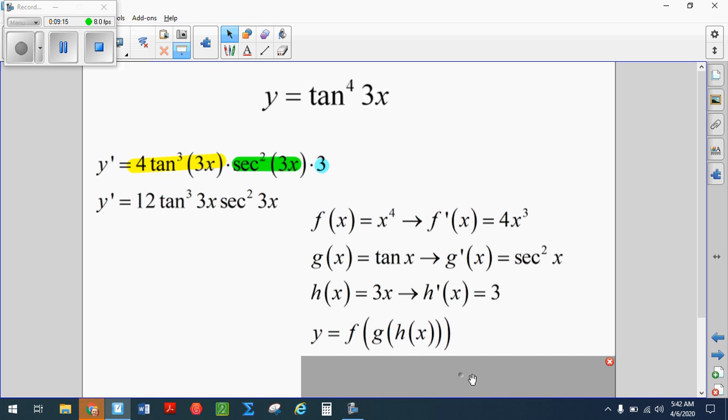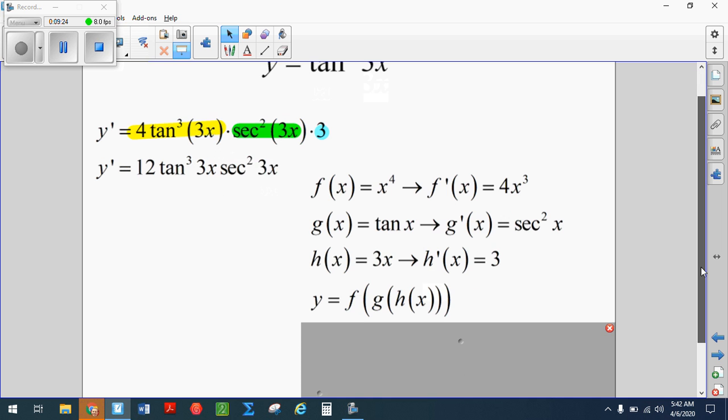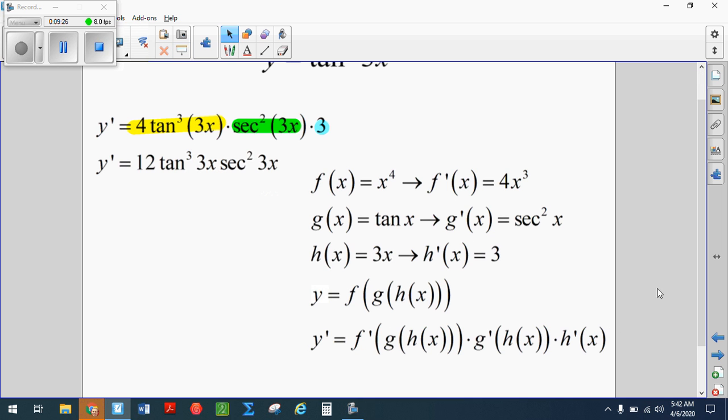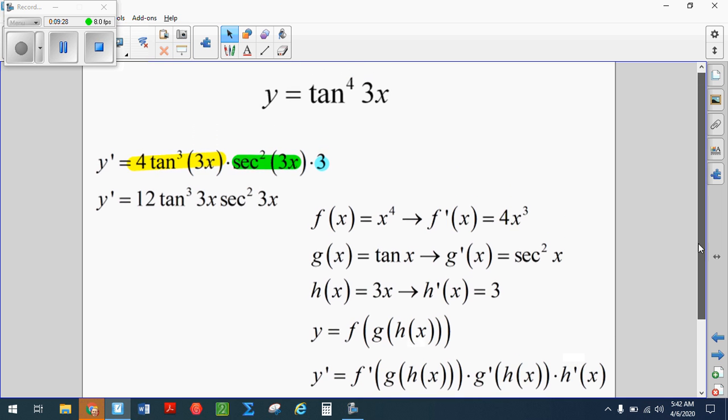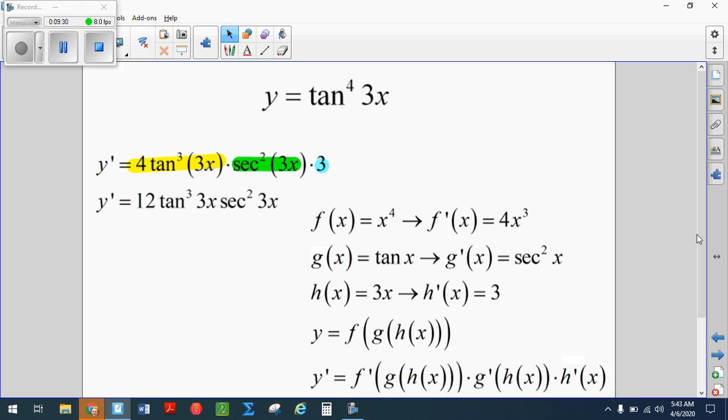So if y equals f of g of h of x, a triple chain rule problem, like the movie Inception, then y prime is equal to f prime of g of h, that's the yellow, times g prime of h of x, that's the green, times h prime. So I like that problem, just a triple chain rule.